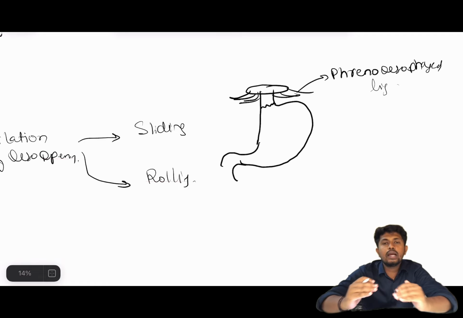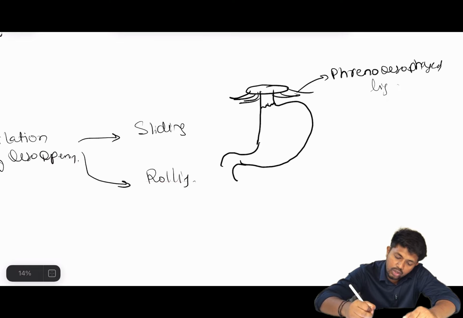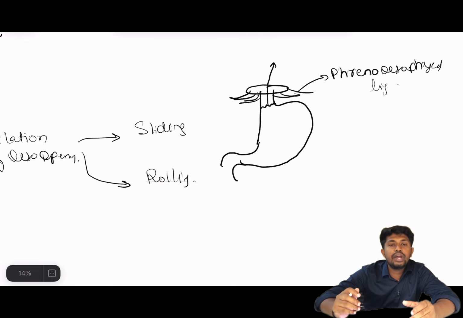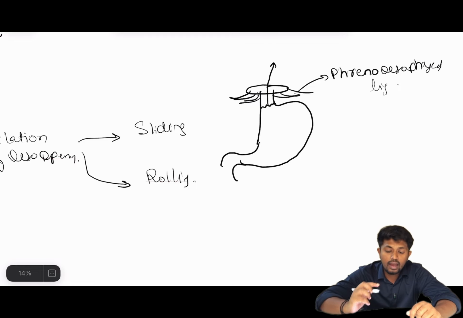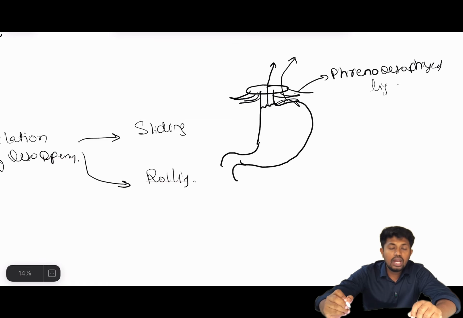If this phrenoesophageal ligament is loose or absent, the hiatal hernia will occur. If the gastroesophageal junction goes above into the thoracic part, that is called a sliding hernia. And if the gastroesophageal junction is in the normal position and the fundus of the stomach herniates into the thoracic part, that is called a rolling hernia.